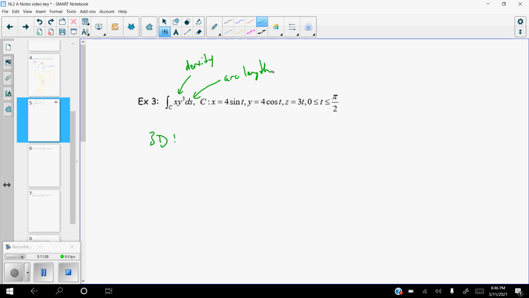So really what you're going to have is a density times the arc length of a really, really thin strip. So what we're really finding here would be like the mass of, for lack of a better term, we'll call it a wire. We're only finding the mass of the wire. And this wire has a variable density.